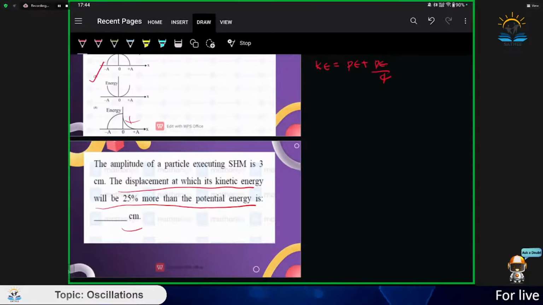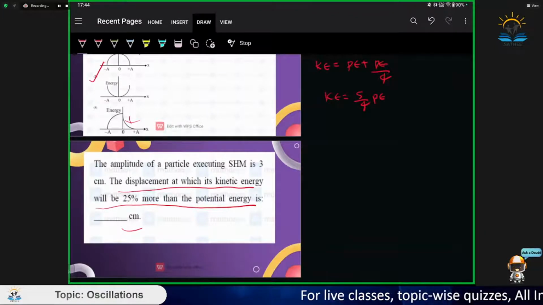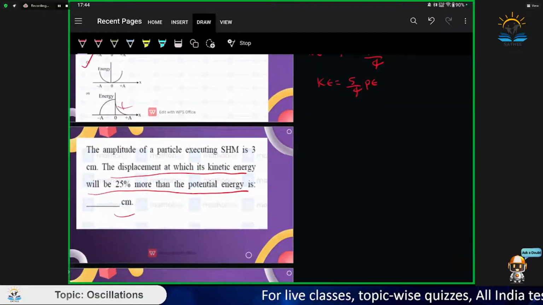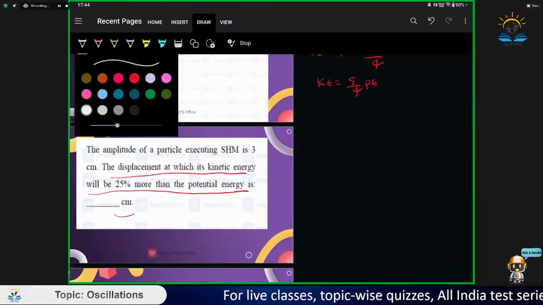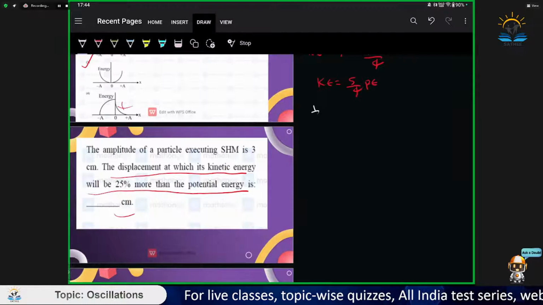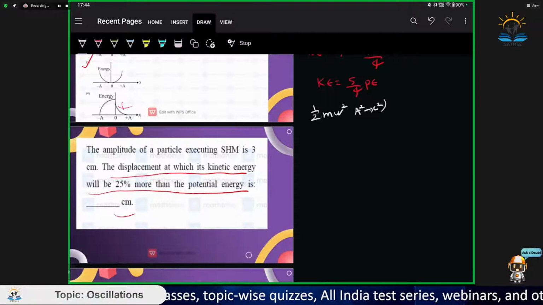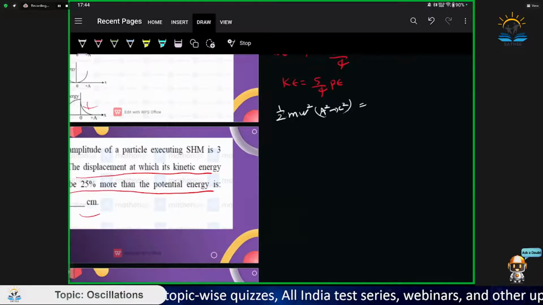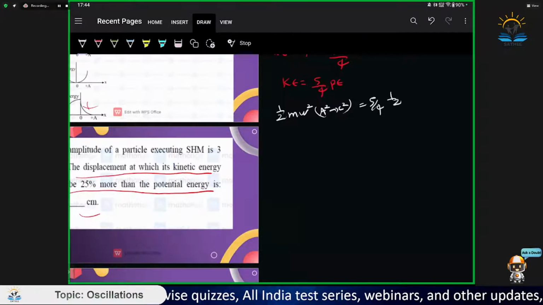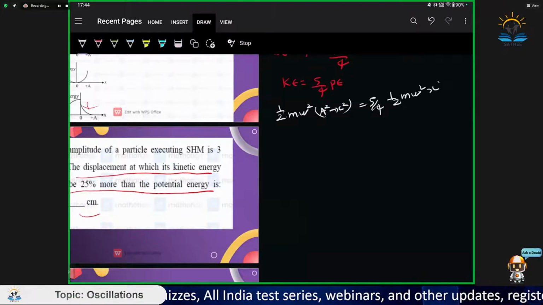Kinetic energy at the displacement will be 25% more than the potential energy: P plus P by 4. So kinetic energy is 5 by 4 potential energy. Just apply those values. Kinetic energy is 1 by 2 m omega square (a square minus x square), equal to 5 by 4 times 1 by 2 m omega square x square, right?